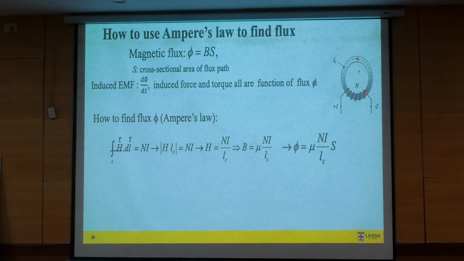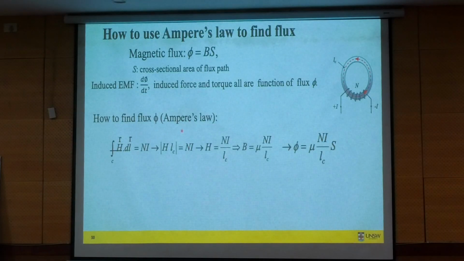So for this circuit we can write, with the help of Ampere's law, the line integral of H times L. L, in this case, is this closed flux path. So it's a circle, in our case 2 pi r simply. If the mean radius of this ring is r, then the core length Lc is 2 pi r, equal to the number of turns times current.